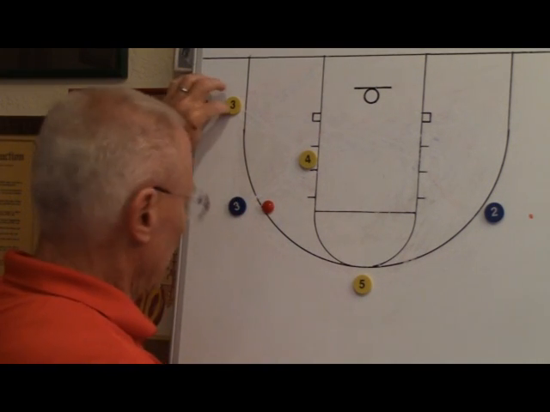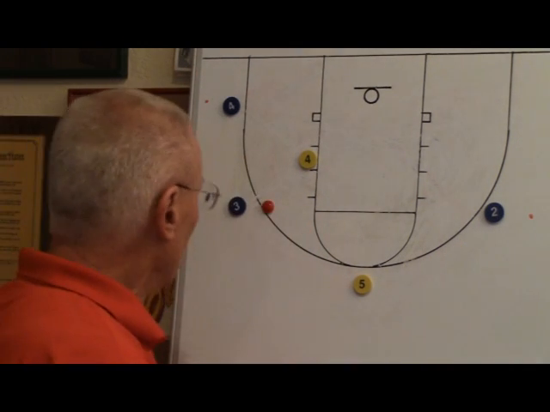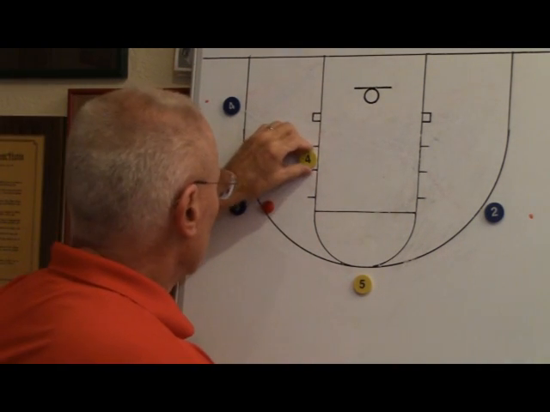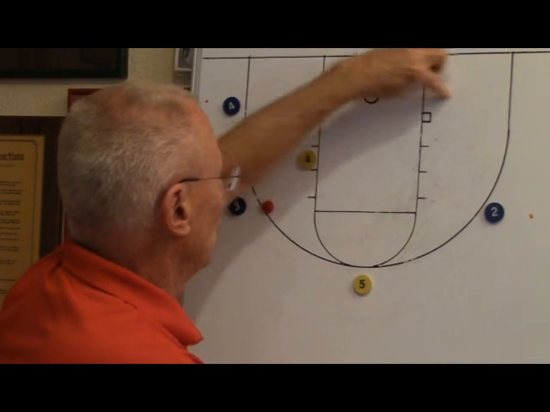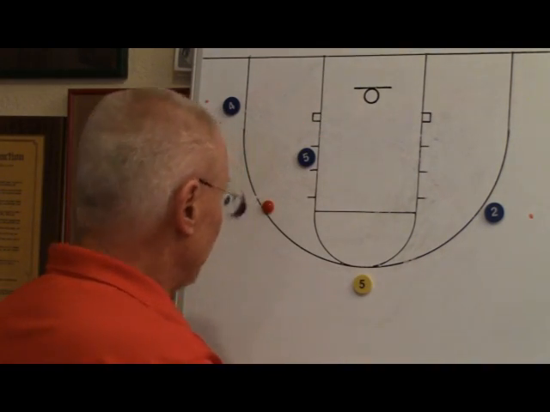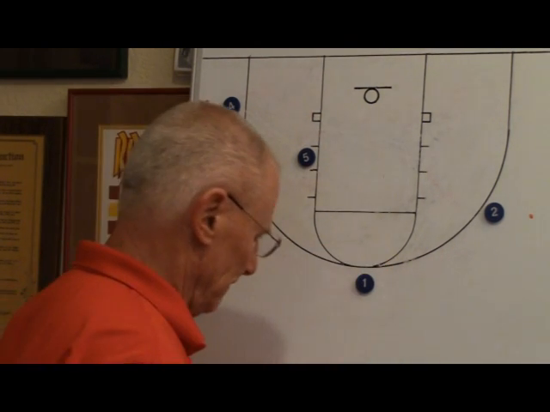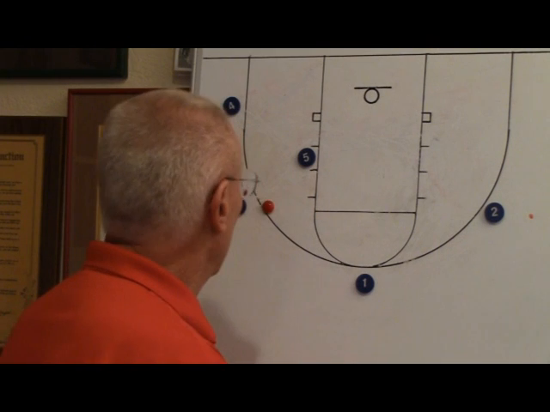All right. 3 is in the corner, but the corner person is a 4, so 3 became a 4. Okay, the 4 came from this corner, flashed up in here, becomes the new 5, and the 5 came up into the point position, becomes the new 1. So you can see once again we've had that mathematical progression.